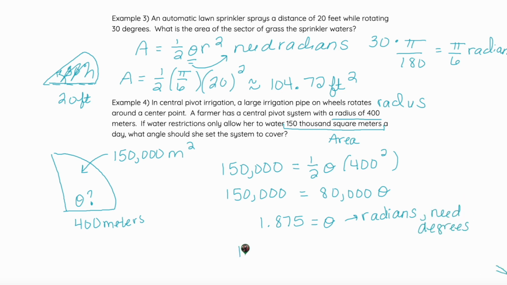Thus, I will multiply 1.875 times 180 degrees over pi radians, and I'll get approximately 107.43 degrees. So our particular farmer with a radius of 400 meters should set her central pivot irrigation system to water 107.43 degrees in order to only utilize the allotment of water at 150,000 square meters per day.